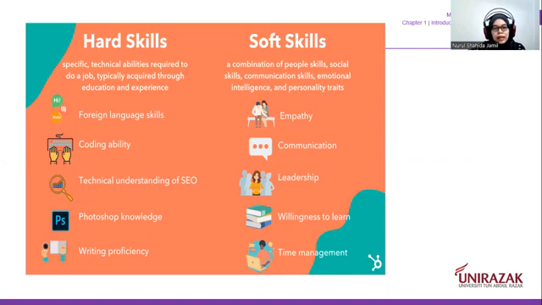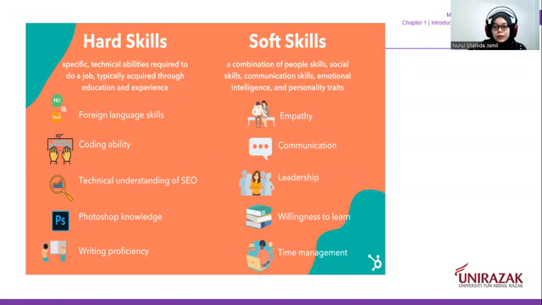Basically, hard skill is more about our job, like being a lecturer, a chef, or a teacher. All of that we call hard skills.